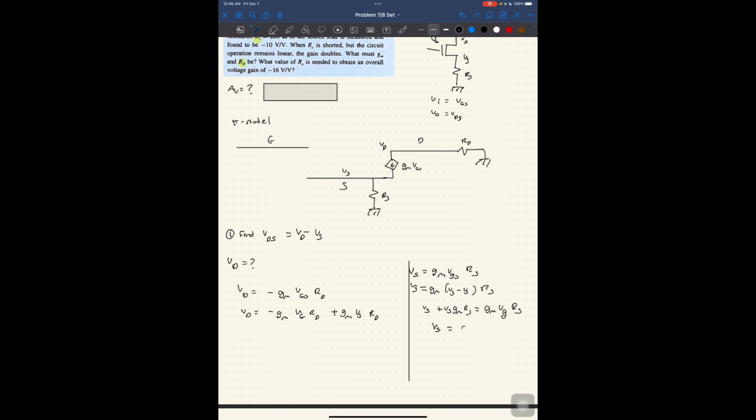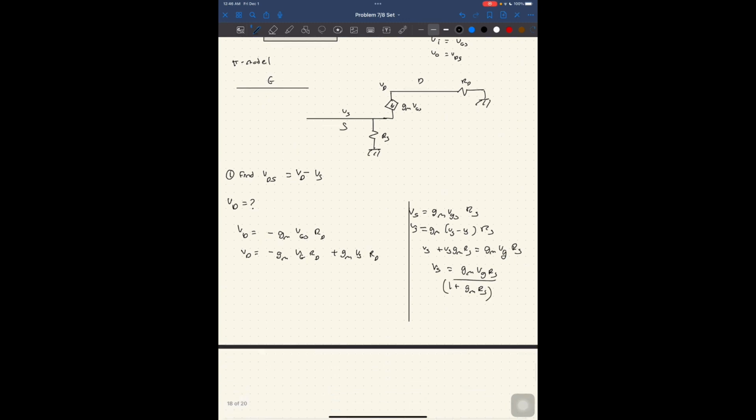So VS is equal to GM VG RS over 1 plus GM RS. That's what VS is, right?